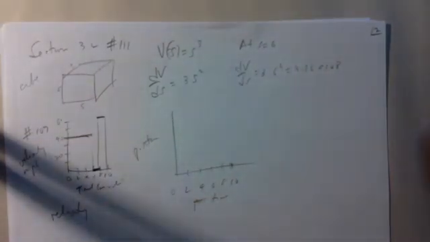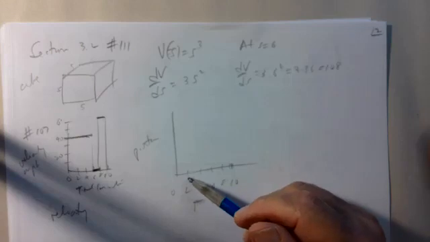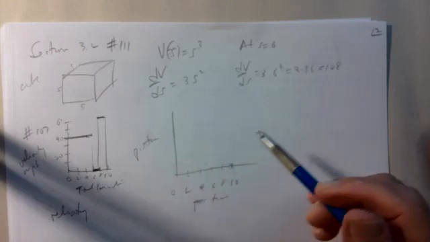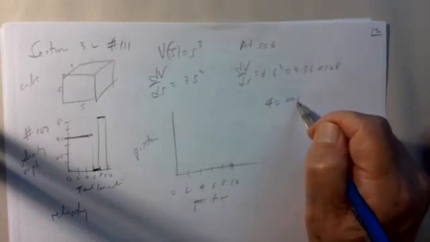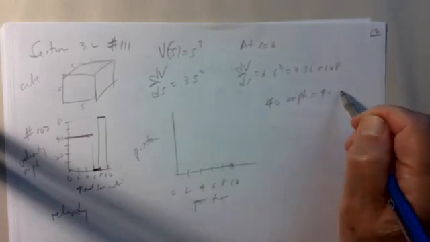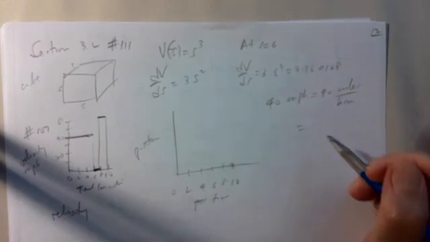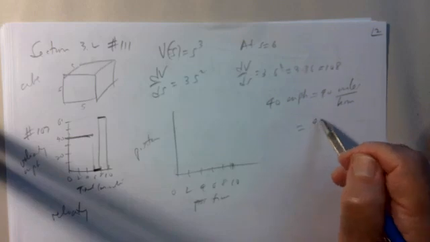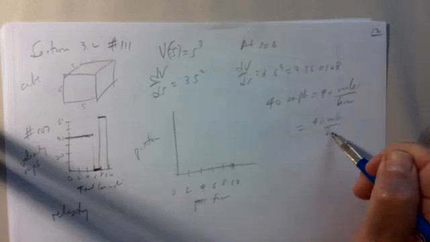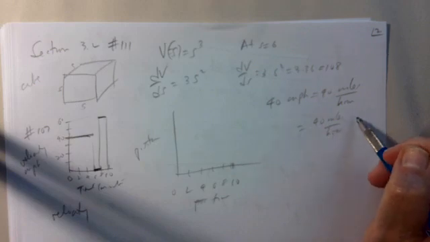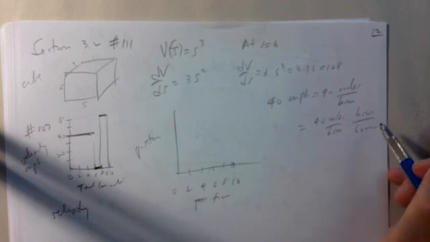So if you think about this, you're driving 40 miles an hour for the first 6 minutes. So 40 miles per hour, that's 40 miles for every hour. How fast is that per minute? Well, it's 40 miles per hour, but 1 hour is 60 minutes.